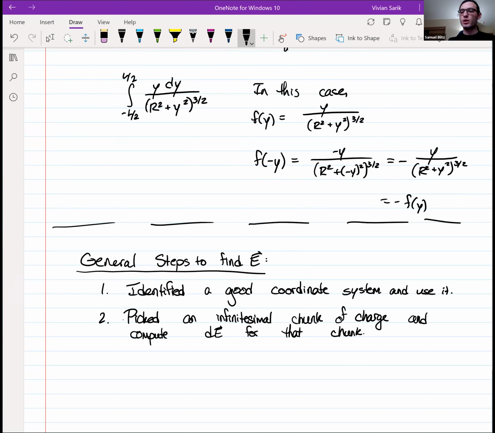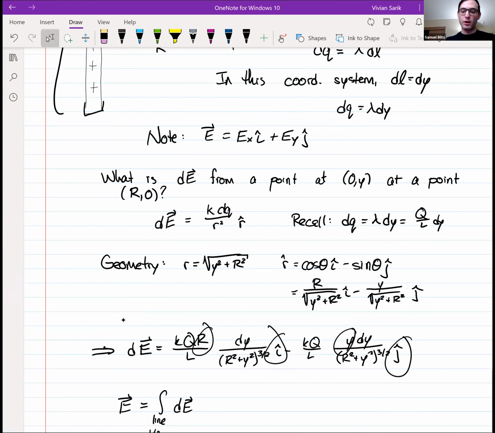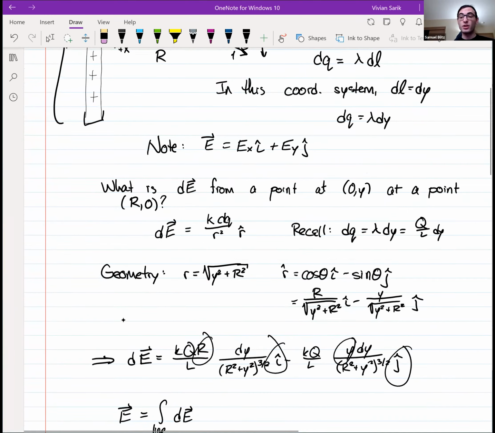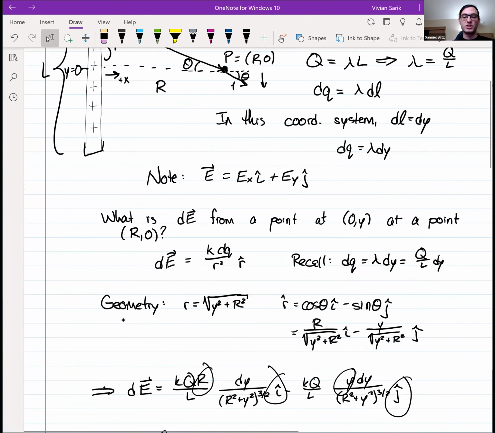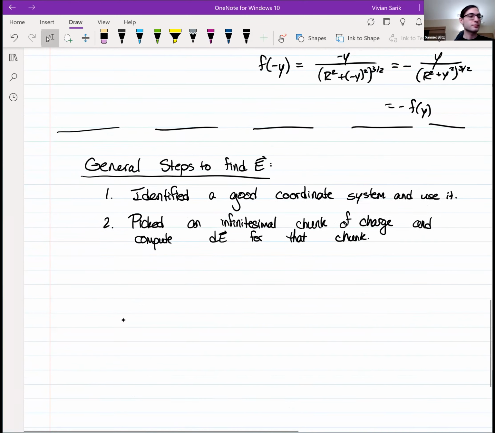Just as a reminder, we wrote out what dE is, the infinitesimal electric field from just a single chunk of charge. To do that, we had to do a lot of work. We had to figure out what dq was. That was the easy part. That was just q over L dy. We had to figure out what the distance was in terms of the variable y. We had to figure out what the unit vector r hat was, and then we had to combine everything together. It's a bit of work, but there's no calculus there.